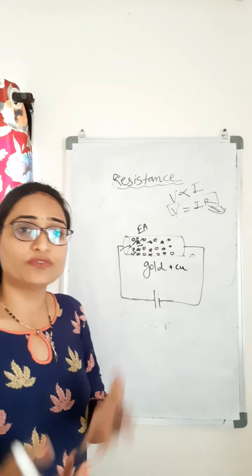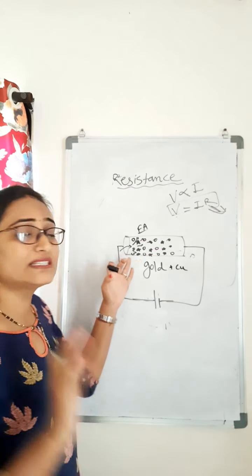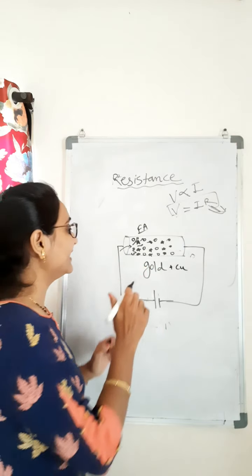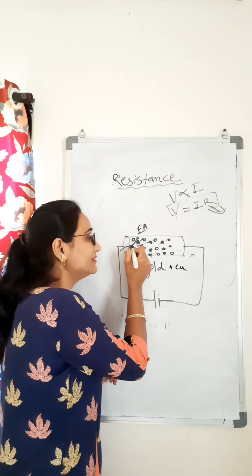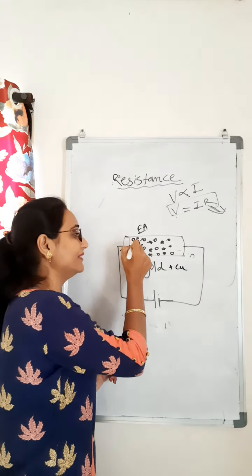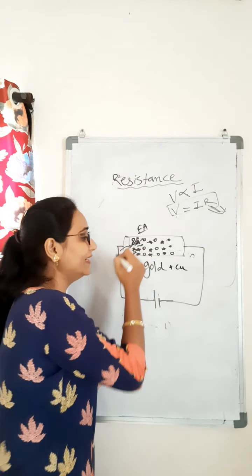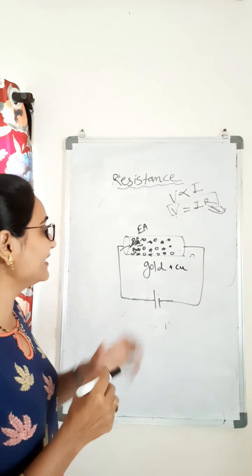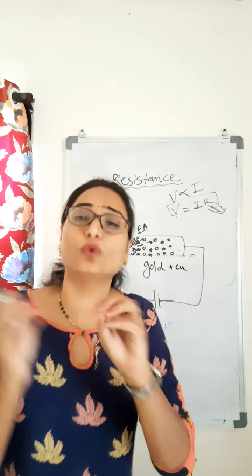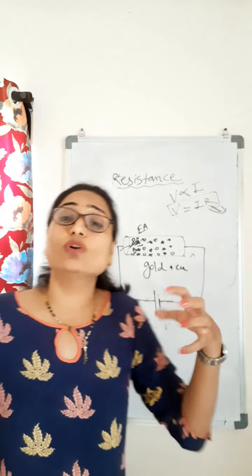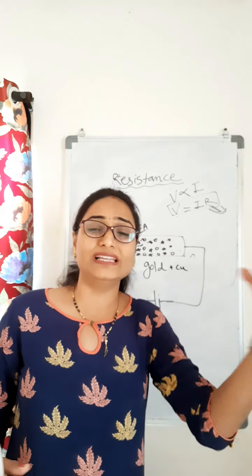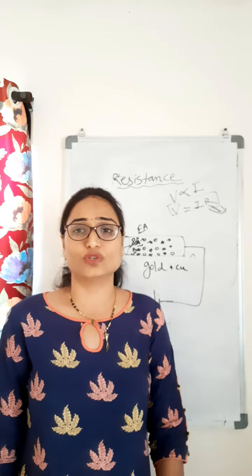The free electrons will move. Electrons start flowing, and when they flow, what will they do? They will collide with this atom, this atom, and this atom. They will collide a lot. They will collide with the gold atoms, with the foreign atoms, and with themselves also. One electron will collide with other electrons too.